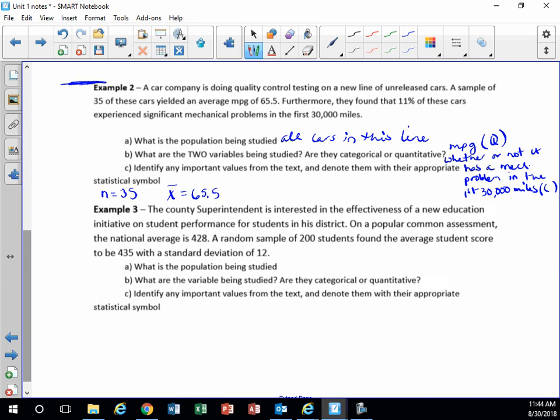Okay, and what about 11%? Some of you have it, I know. P hat. Because it's of your sample, yeah, and that's the tricky part, noting which one it is. So your P hat is 11%. And you're just going to say 0.11 for that? Okay. All right. Questions so far? So those are both statistics, not parameters.